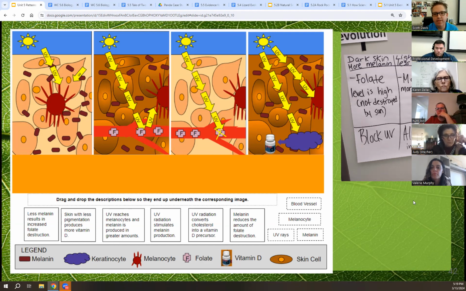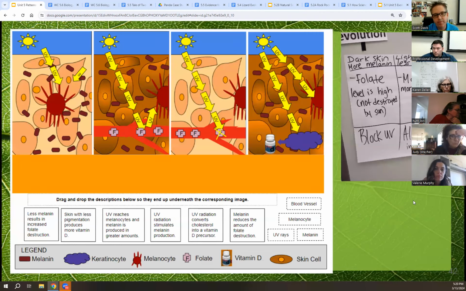But the idea is that if you have darker skin, you have more melanin, but that skin also tends to block UV light. And if you look at the diagram on the left here, UV light can penetrate the skin, enter blood vessels, and actually destroy folate.